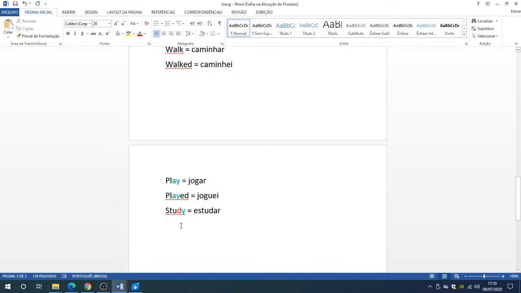Porém, o y vai ser substituído por i, simplesmente porque antes do y eu tinha uma consoante. Se antes do y tivesse apenas uma vogal, nada mudaria, eu só acrescentaria o ed. Neste caso, por eu ter uma consoante antes do y, eu tive que fazer esta alteração toda.